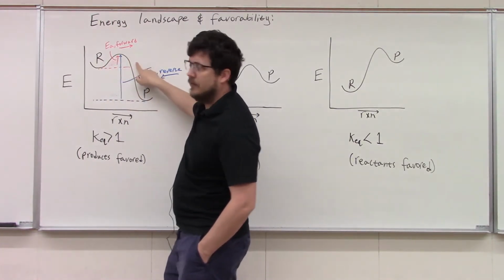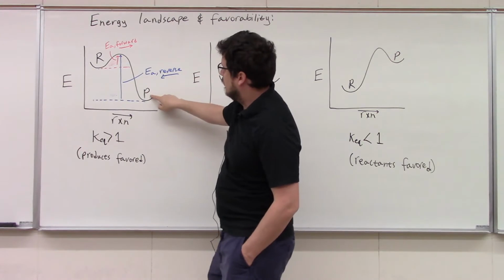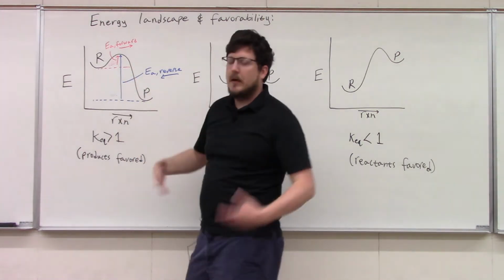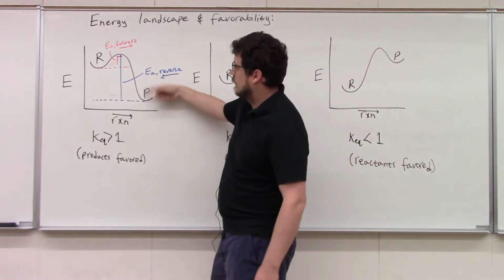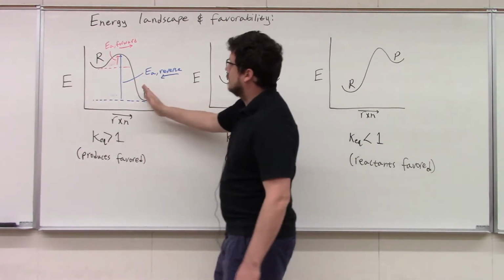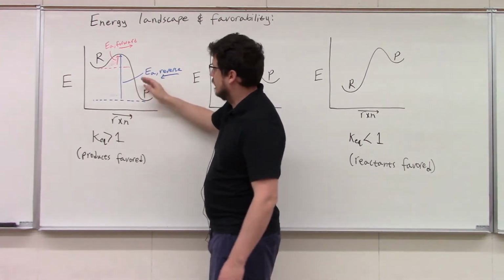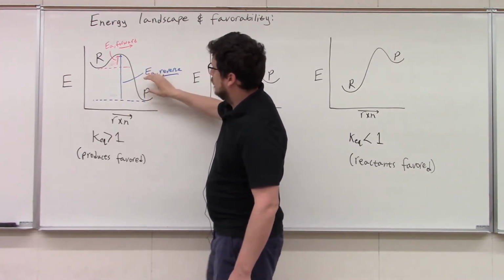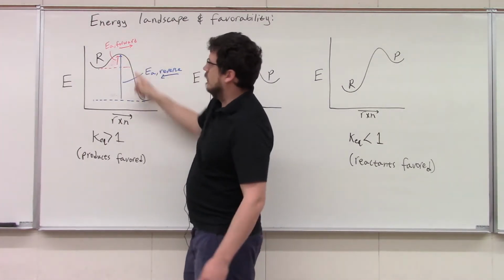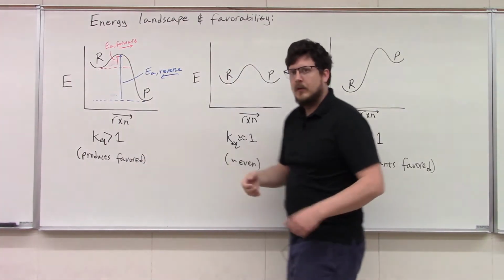This one will happen pretty easily. To get the reverse to happen takes a lot of energy; it's not likely to happen. But as I increase my concentration of products, i.e. the favored side, it's going to start speeding that reaction up, and eventually the increase in products will overcome the need for a large activation energy to equal the rate, and then we've reached equilibrium.